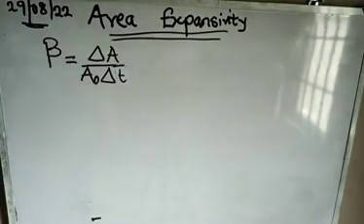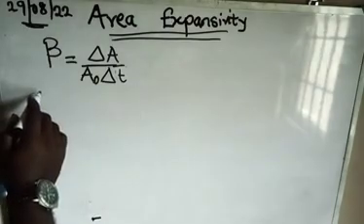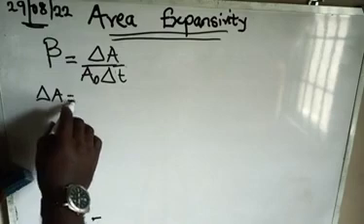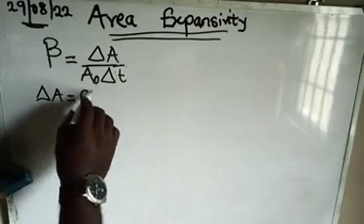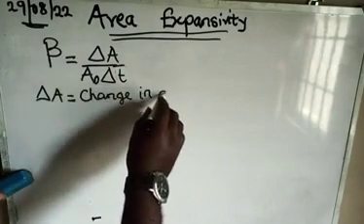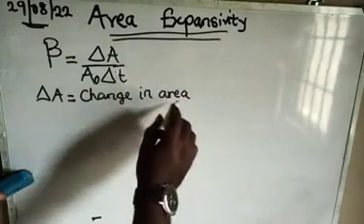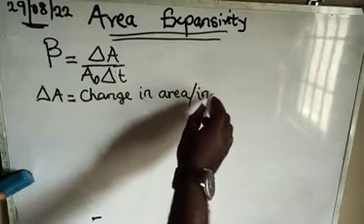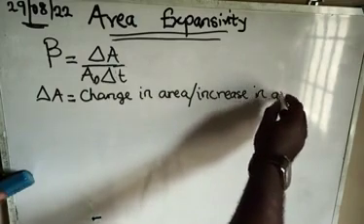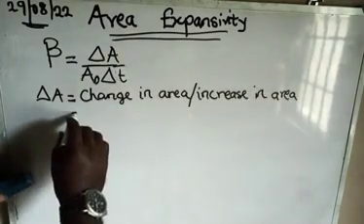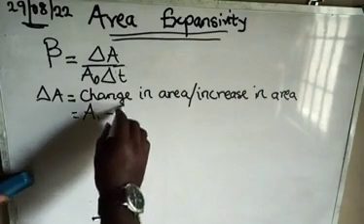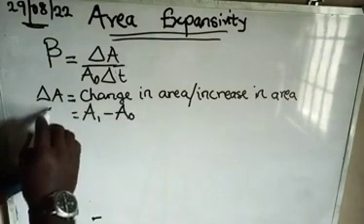Per degree rise in temperature, where my change in A is given as the change in area or increase in area, which is the same as the new area, that's A1 minus the original area A0.